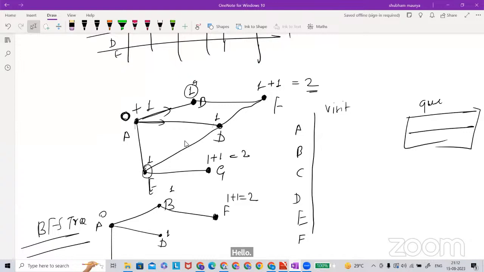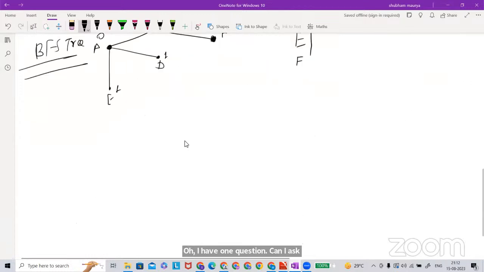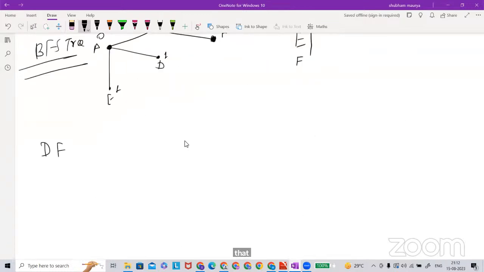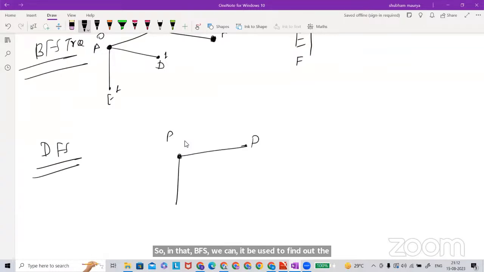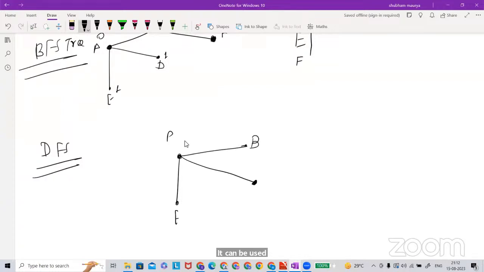I have one question. Can the BFS tree be used to find out cycles? It can be used. BFS and DFS are both algorithms for investigating the graph.